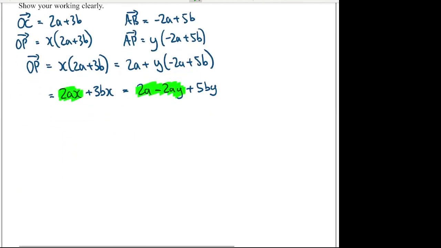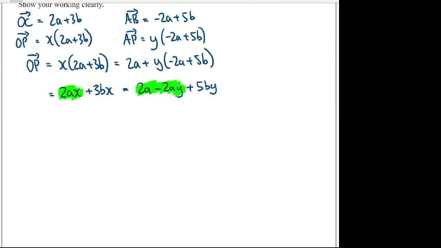So it must be the same for both, because both are going from O to P. So let's collect the a's together, of which I've got 2ax is equal to, on this side, 2a minus 2ay. I can divide through by 2a, so I get x is equal to 1 minus y.